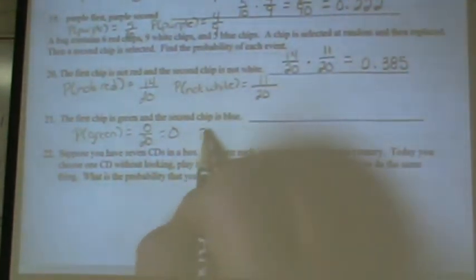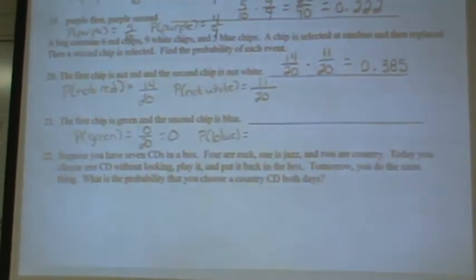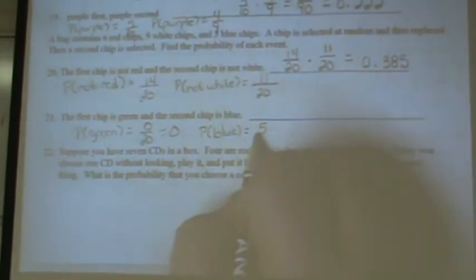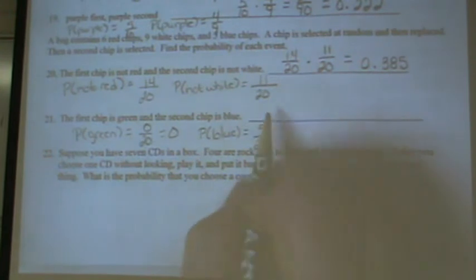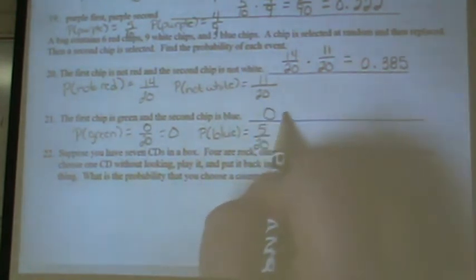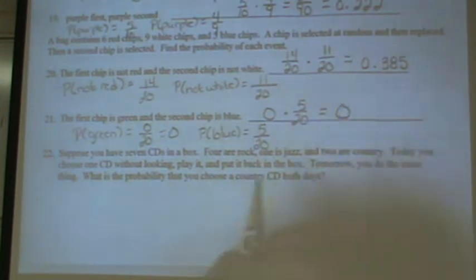Then our probability of drawing a blue chip equals, we have 5 blue chips out of our 20. So the probability of both of these events happening is 0 times 5 over 20, which just equals 0.